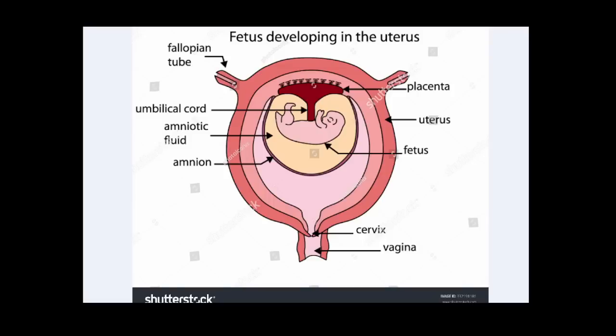From 2 weeks to 8 weeks, it is termed embryo, and after 8 weeks, it becomes fetus. That is what the growth stages look like.